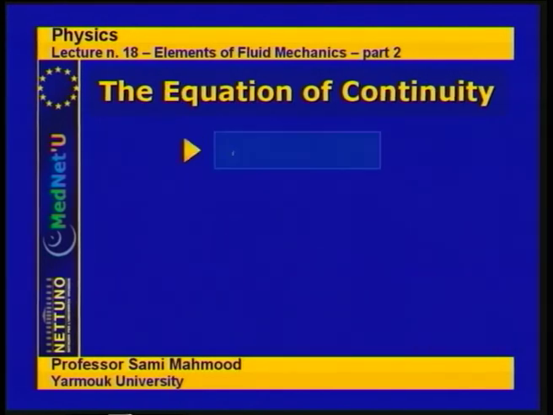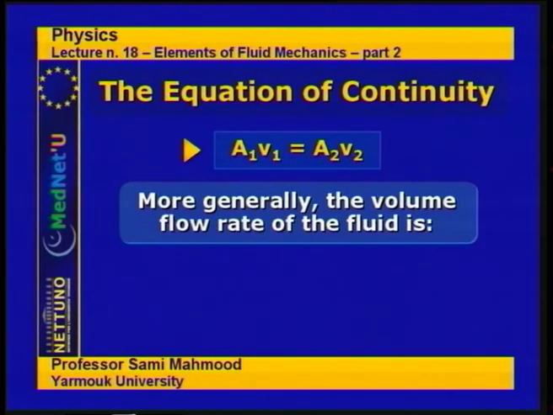And that will lead us to the fact, since during delta t, delta V enters at A1 and it leaves at A2, that means that A1 times V1 is simply dx at A1 at the initial position by dt.